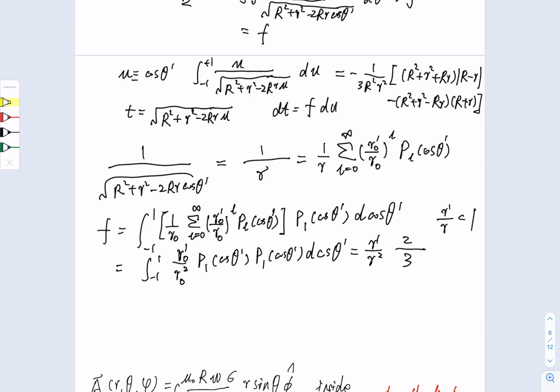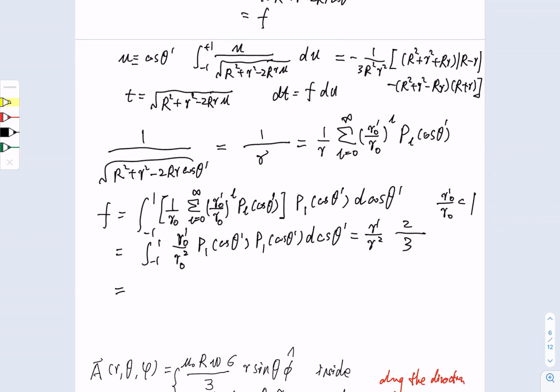So we have to assign the larger one to be R naught, and the smaller one to be R prime. So in the end, the result should be 2r over capital R squared over 3 if r is less than R, and 2R over 3r squared if r is larger than R.